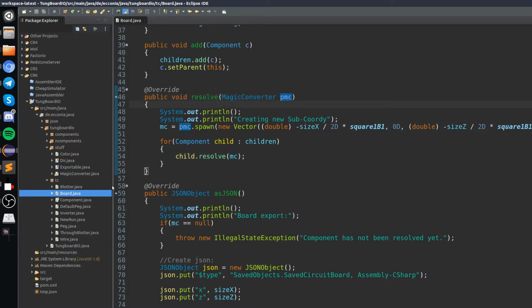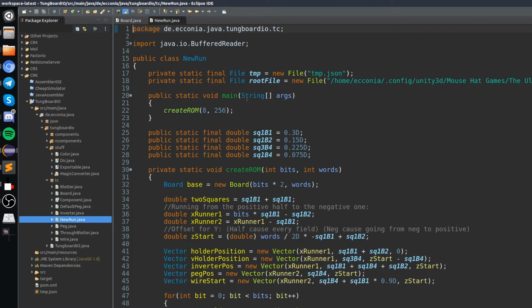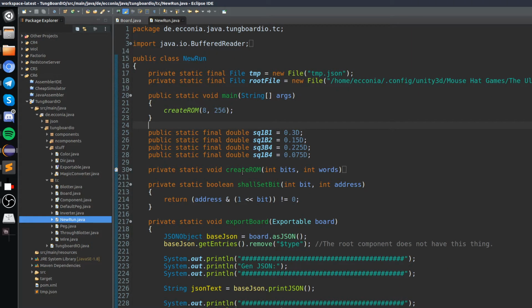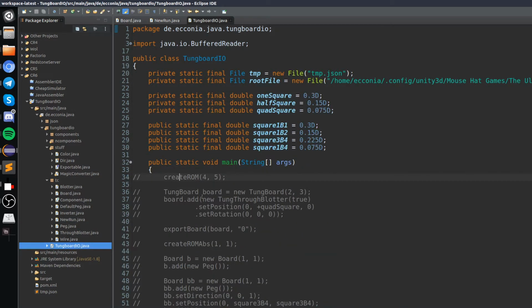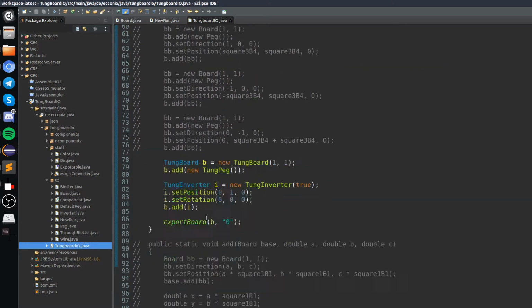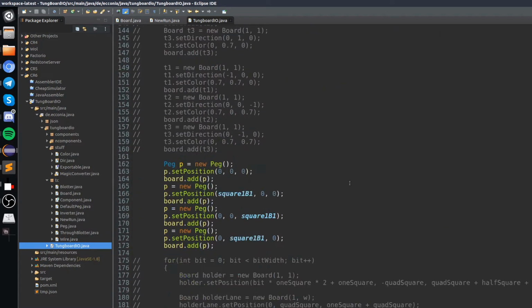So the next thing I did was the magic converter. It's magic, you know. By the time I switched to several different types of run stuff, like I always have some create ROM method, and did a lot of tests here in the main stuff. I have this one which I showed you earlier. That's just a bunch of boards where I stick random components just for testing. That's all the components you can see in the world.